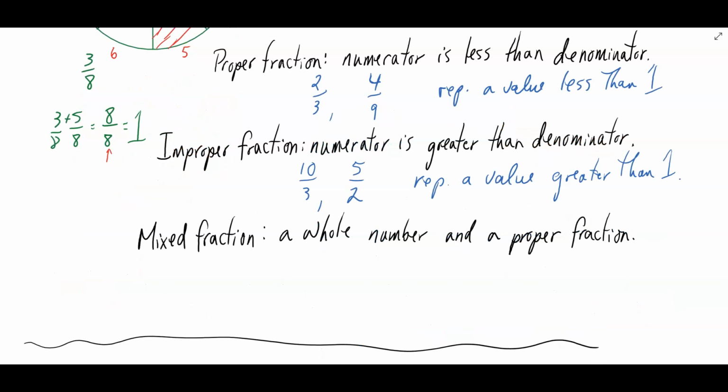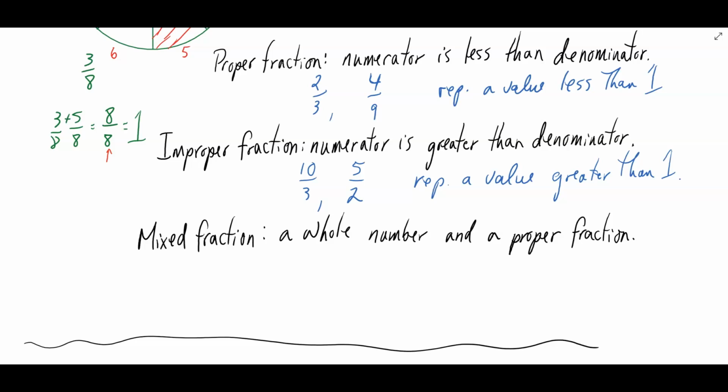Now, improper fractions can also be written as mixed fractions, where you have a whole number and a proper fraction combined. Since something like 10/3 represents a value greater than 1, it would have a whole number that is 1 or greater, and a leftover part represented by the proper fraction.